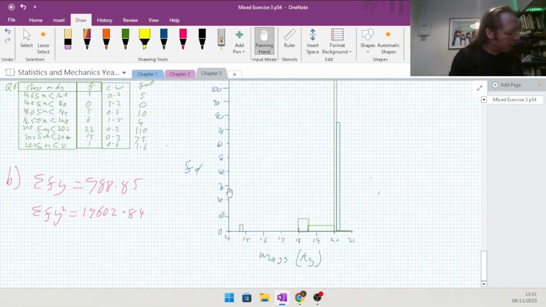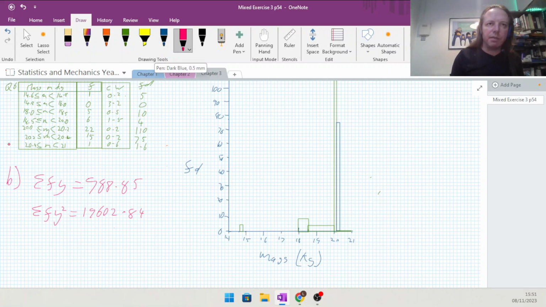Right, part B then. Estimate the mean and standard deviation.